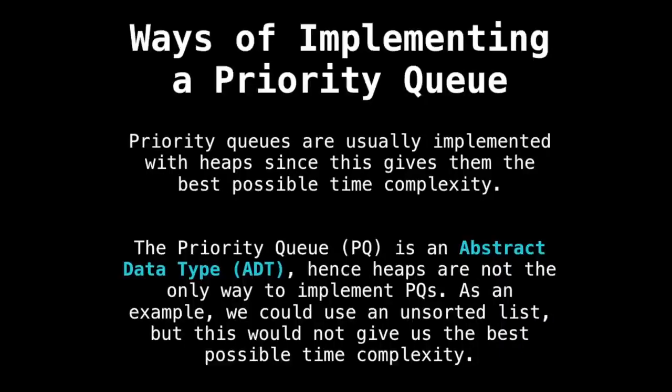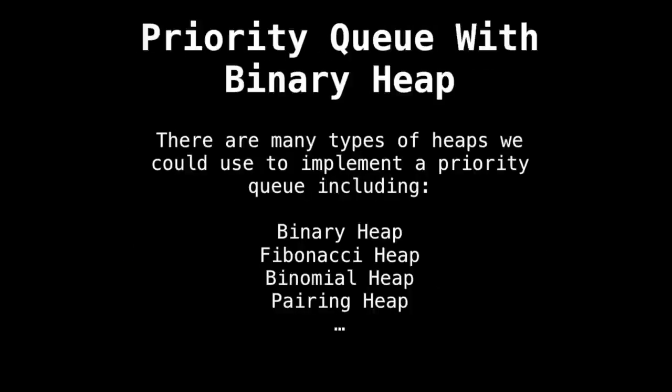A priority queue is an abstract data type that defines the behavior a priority queue should have. The heap just lets us actually implement that behavior. As an example, we could use an unordered list to achieve the same behavior we want for a priority queue, but this would not give us the best possible time complexity.